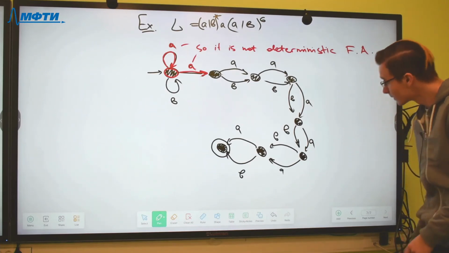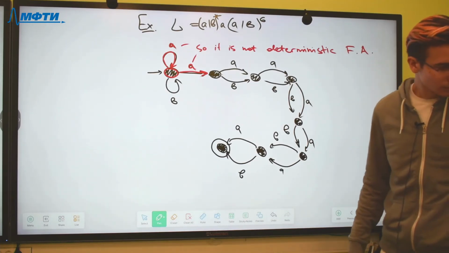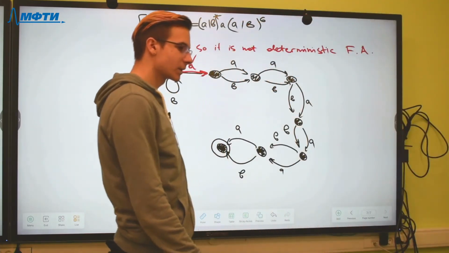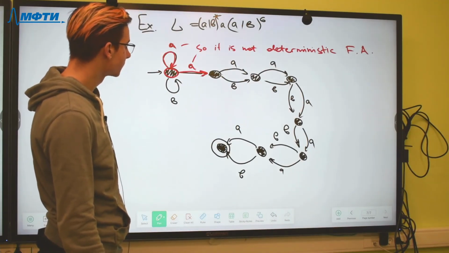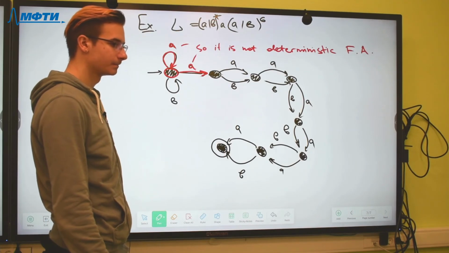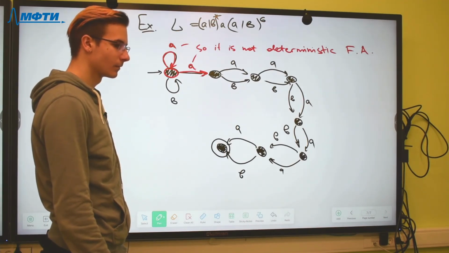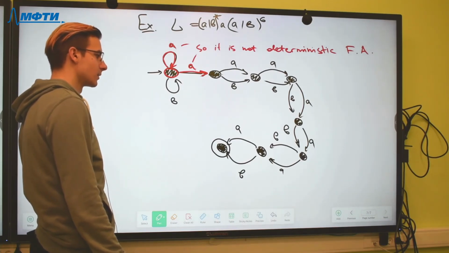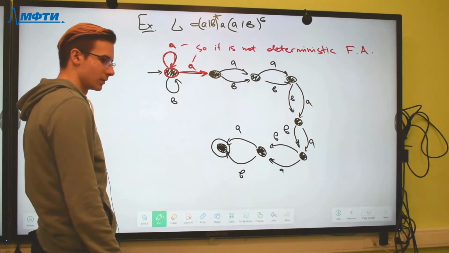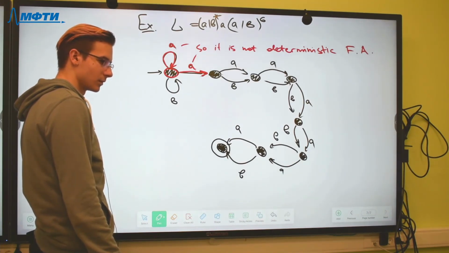Guys, can you answer this question? What is the number of states of this automaton? It is very simple to understand.